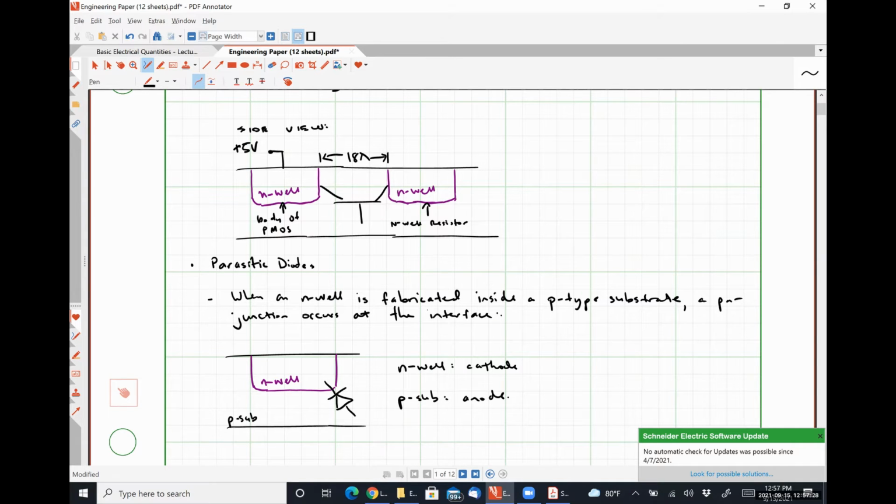In CMOS circuits, the substrate is usually tied to the lowest circuit voltage, which is ground, which is going to keep this diode in a reverse bias region.